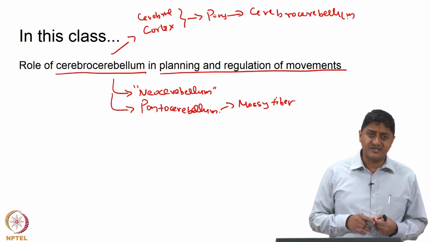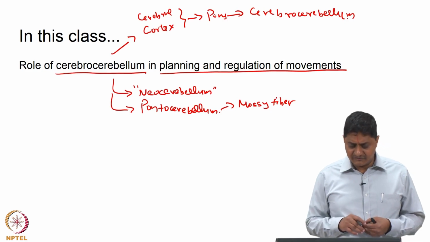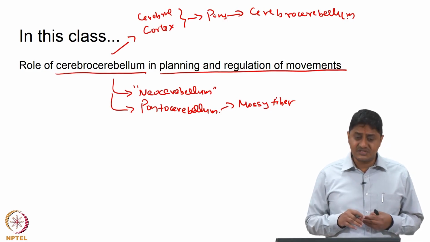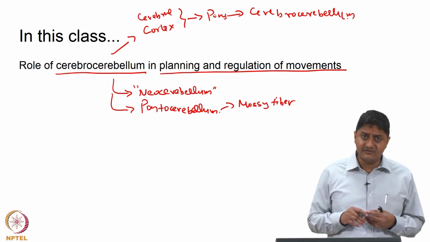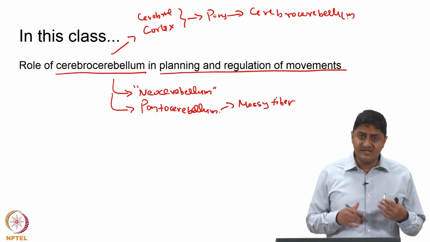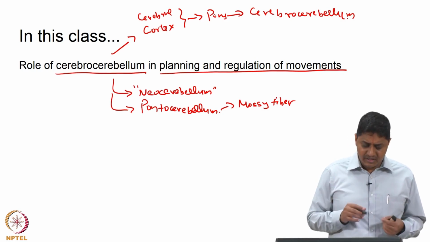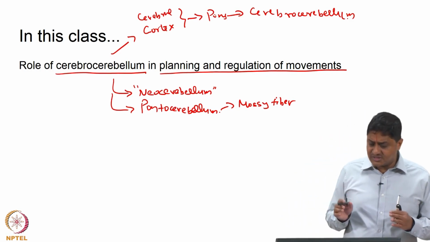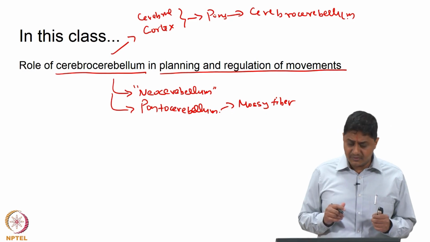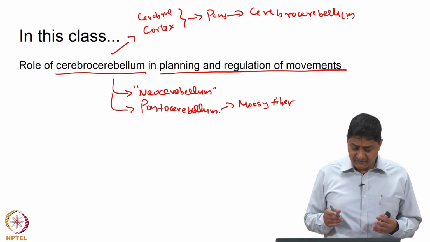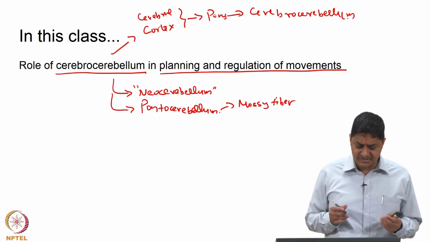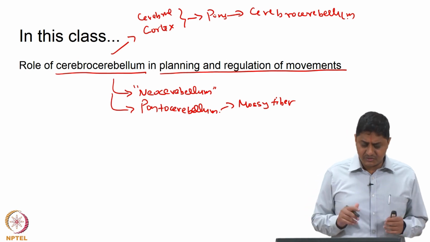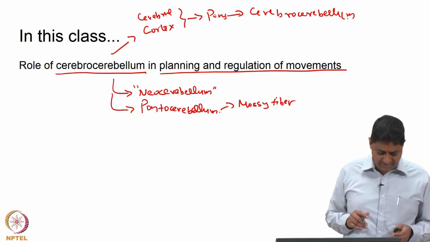It also performs cognitive and other functions. This view is now gaining traction, but it is a relatively new view and evidence is just getting built up to support this notion. For now in this course we are interested in movement related functions, so we will restrict our discussion to movement related functions of the cerebrocerebellum.